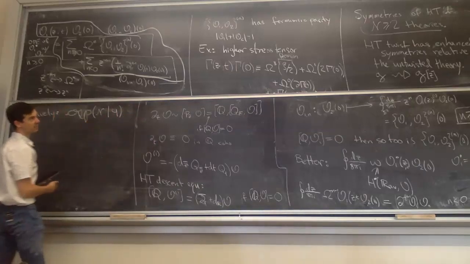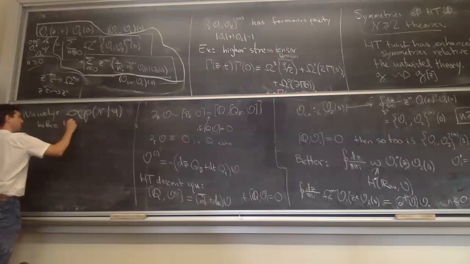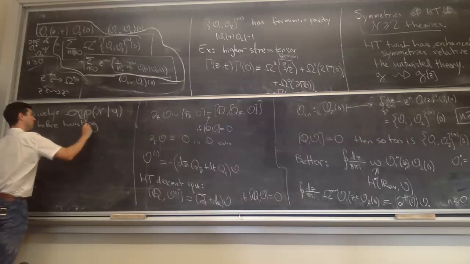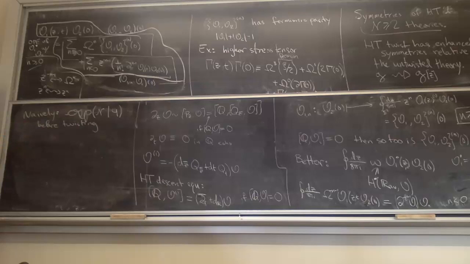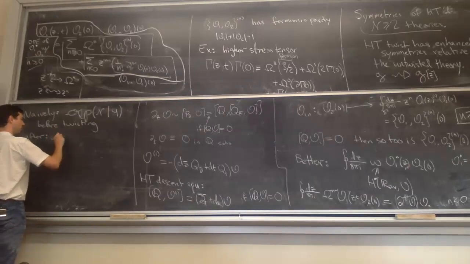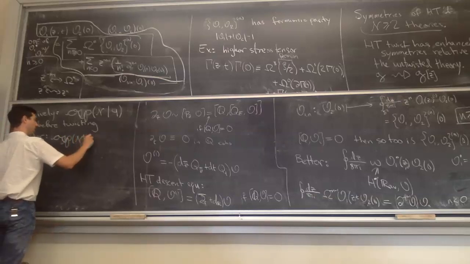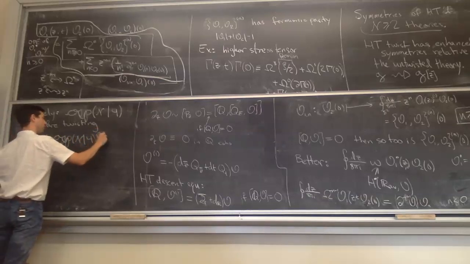It's the same n that I had up there. So before twisting, you have this superconformal symmetry, and after, you're going to have something a little bit smaller. You're going to have what I'll call the twist, very cleverly named, of this superconformal algebra.